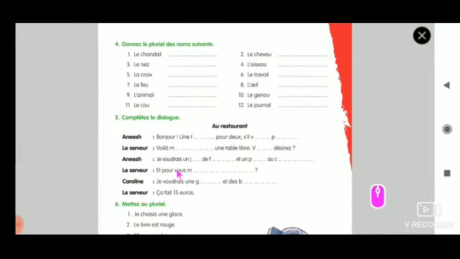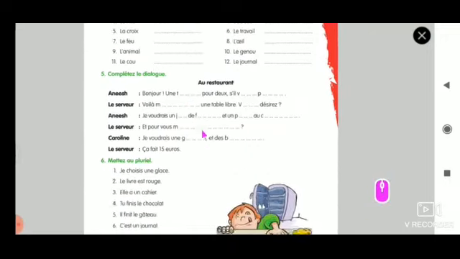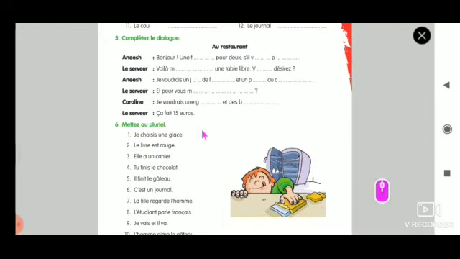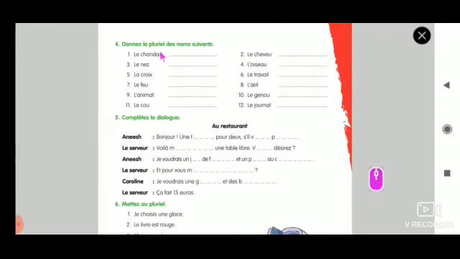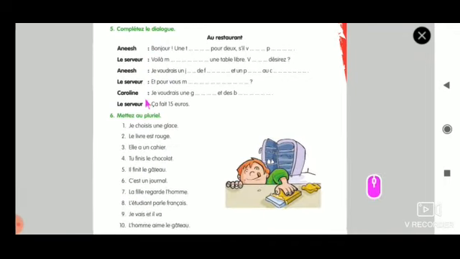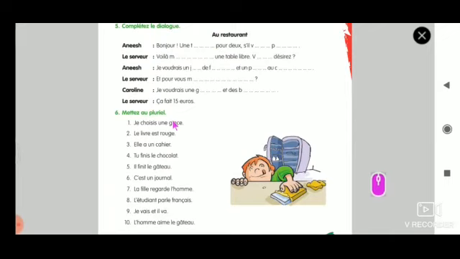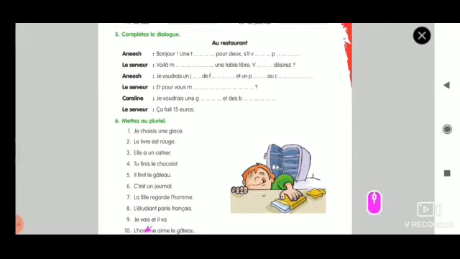Exercise number 4 we already did in the previous class, and exercise number 5 is au restaurant. In the upcoming class we will see métier au pluriel. You must know exercise number 4 properly, because here they have given only the nouns and there they have given sentences, so we must know the nouns.